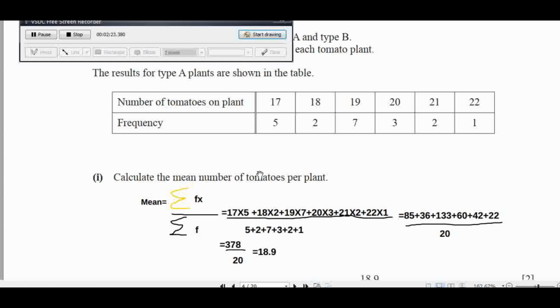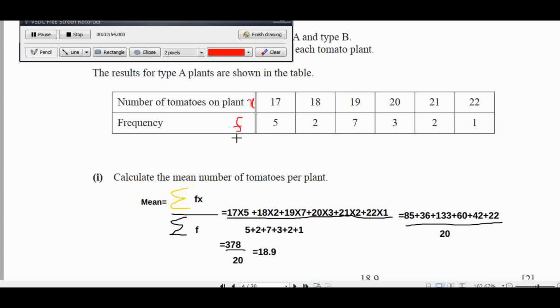Summation fx is to multiply each, this column is x actually, and this is f. So summation fx will multiply each. 17 into 5 will be summation fx of this one, and then 18 into 2, and then add them. Summation f is the sum of these frequencies.